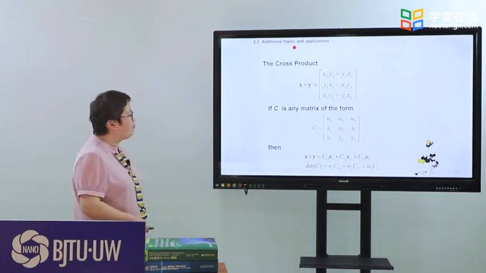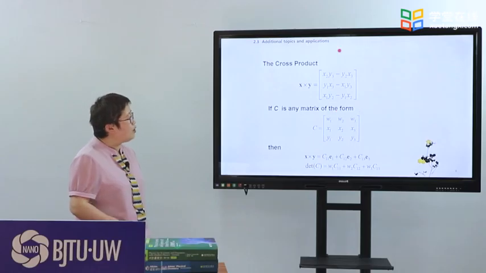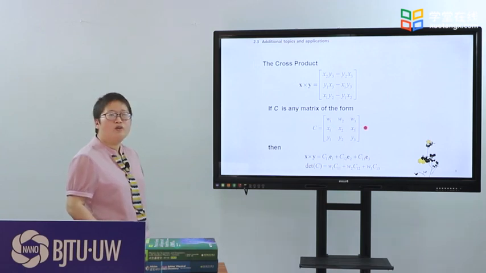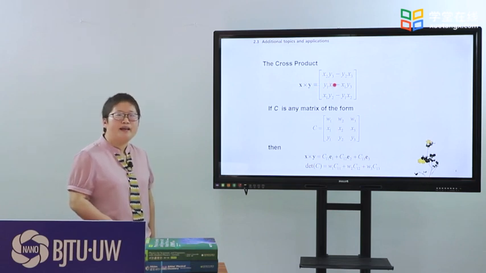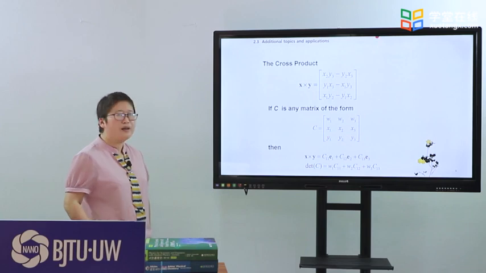If we construct a matrix C in this form: the first row is w1, w2, w3, we write the components of X in the second row, x1, x2, x3, and the components of Y in the third row, y1, y2, y3.